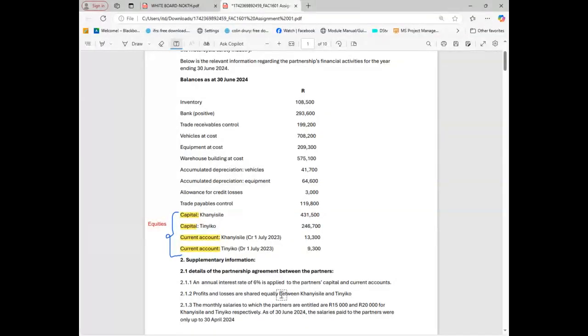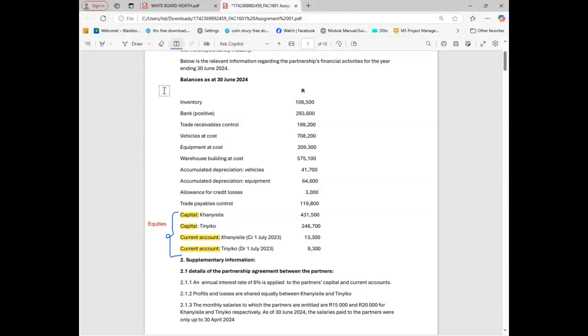Why must you know that? Because when you record, you need to understand the rules of the account equation, the rules of debit and credit. So you must know whether you're going to increase it or decrease it. If you understand that they are equities, you will understand whether you must debit or credit.